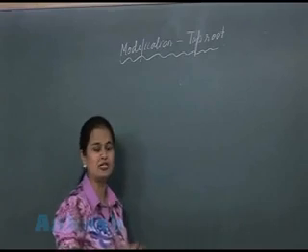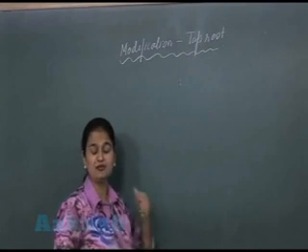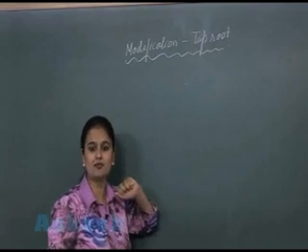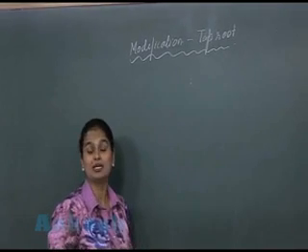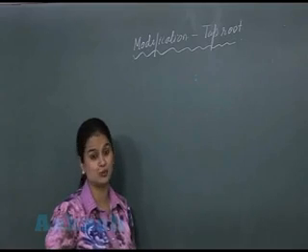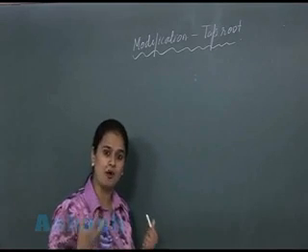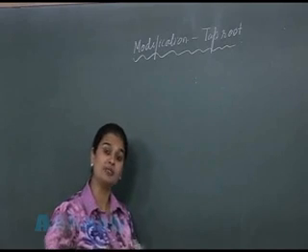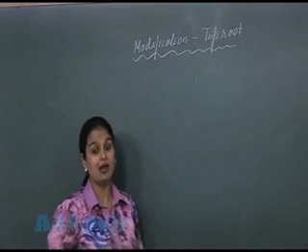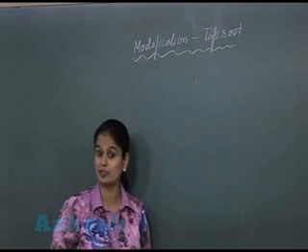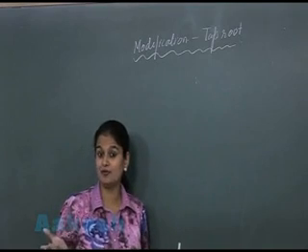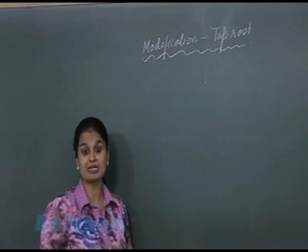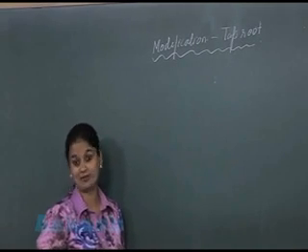Now the main function of the root is that it is involved in the water absorption, it is involved in the mineral absorption, but sometimes along with these functions, the roots, they modify, they change their structure and shape to perform several other functions. Like they can be involved in the storage of food, they can be involved in the nitrogen fixation, respiration, as well as they can also be reproductive in nature.